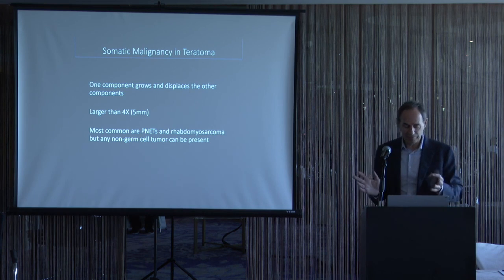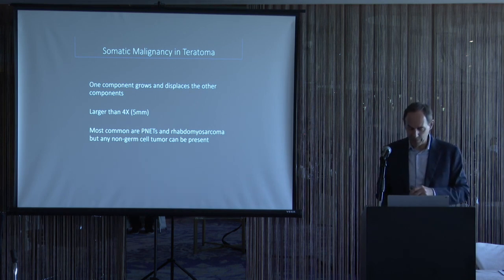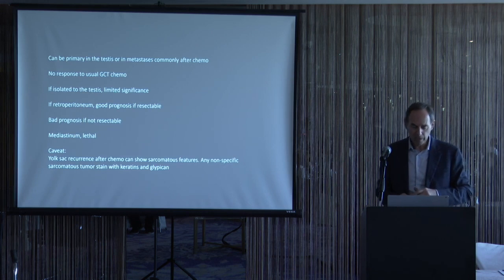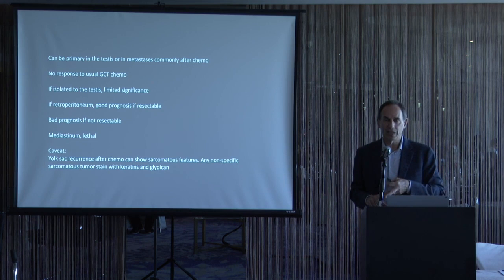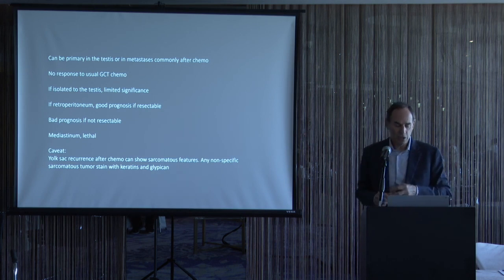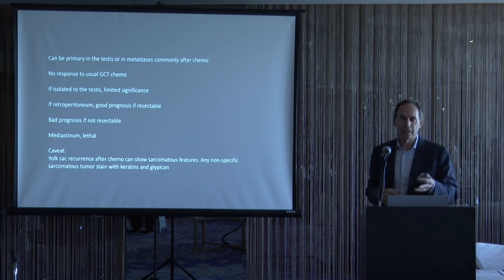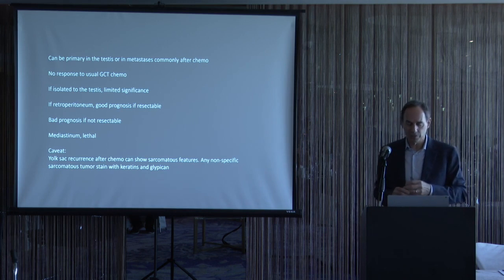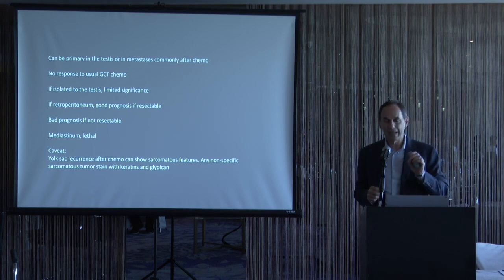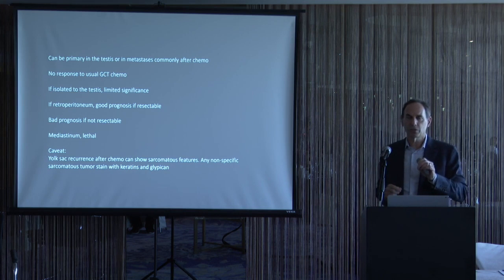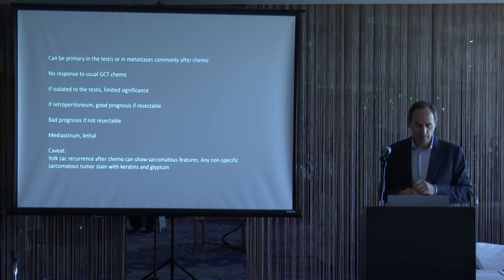But basically, I've seen every type of non-germ cell tumor that you can see in a teratoma. You can see the somatic malignancy in the testes when you first get the orchiectomy, or you can also see it in the metastases, even if it wasn't in the primary, especially after chemotherapy. The importance of somatic malignancies in a metastatic site is it typically does not respond to germ cell tumor chemotherapy.